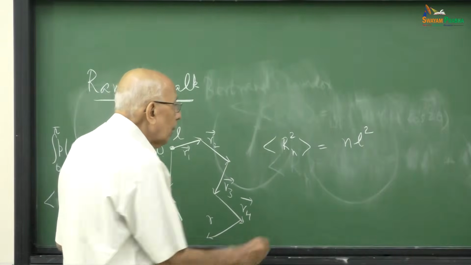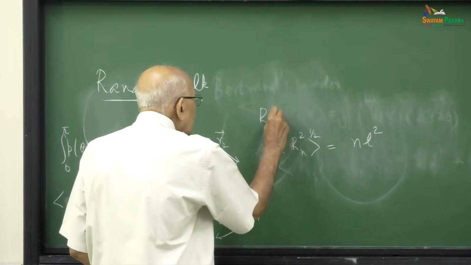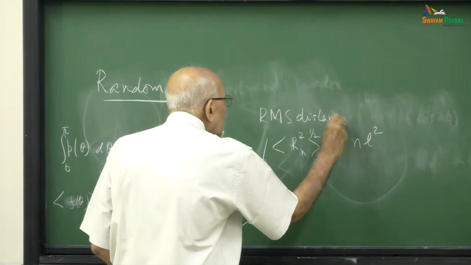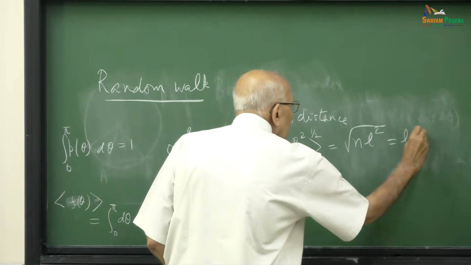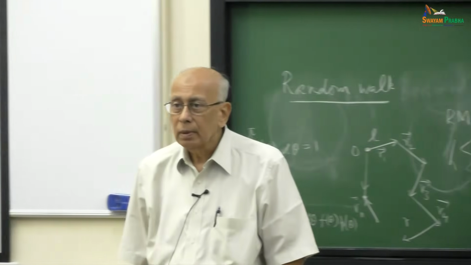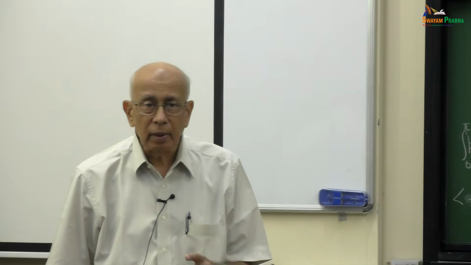Therefore, the root mean square (RMS) distance is equal to the square root of n L squared, which is L times square root of n. N is the number of steps or number of segments.